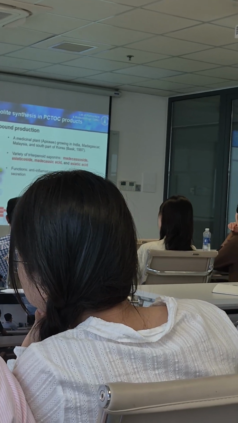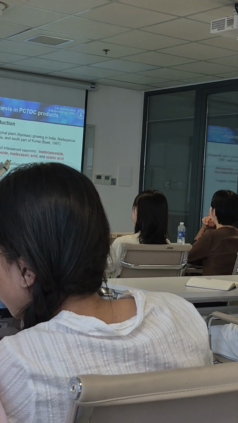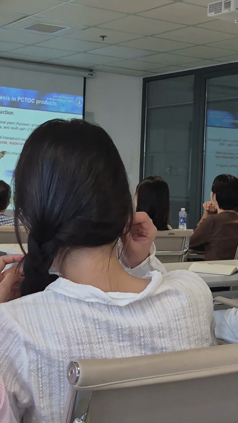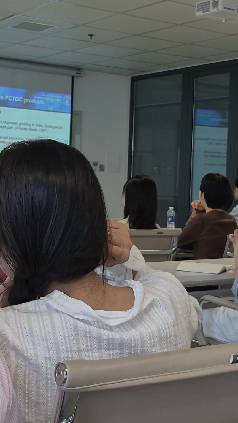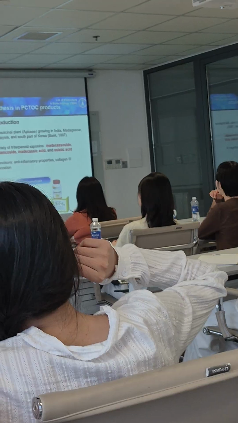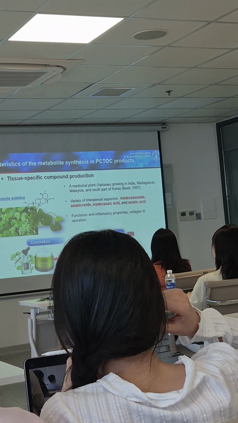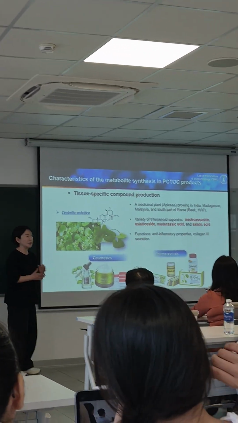Their major compounds were triterpenoid saponins: madecassoside, asiaticoside, asiatic acid. They never consider other metabolites. They only consider these four compounds.